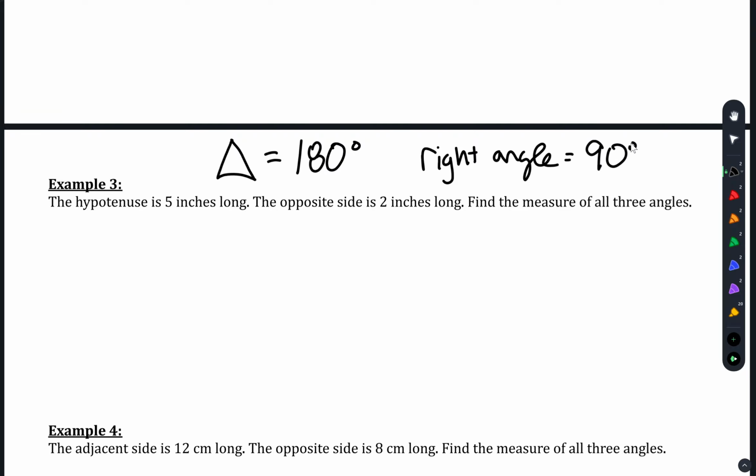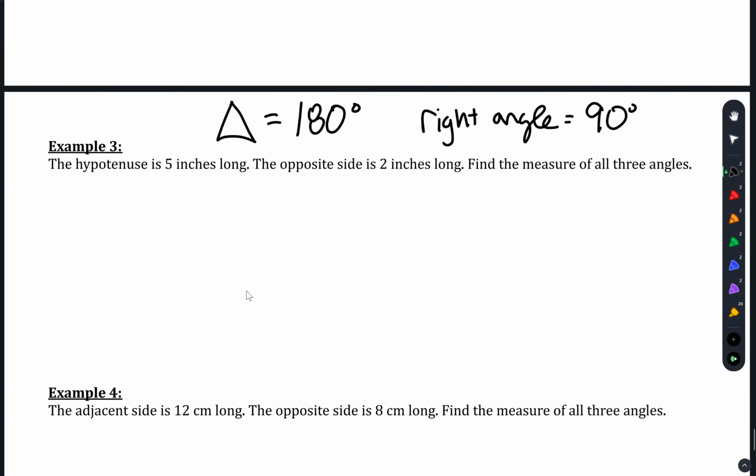Now, we specifically are always looking at right triangles, which means we will always have a right angle. What's the measurement of that right angle? Beautiful. Okay, so in this first example, example 3, let's go ahead and draw our right triangle with my right angle, and then I get to label that right angle as 90 degrees. That's already 1 out of 3 angles done.